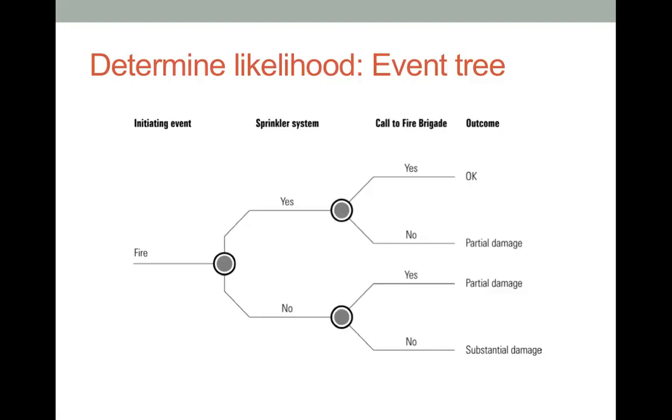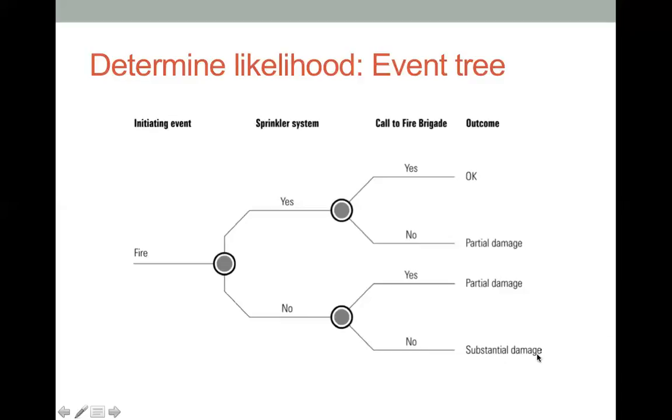If everything works properly, then it's fine. The chance of partial damage is another 25% here, and another 25% here, so we can combine them as 50%. Substantial damage would be 1/4 of the chance as well.